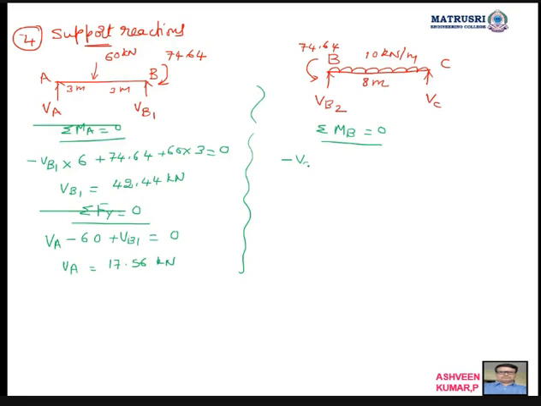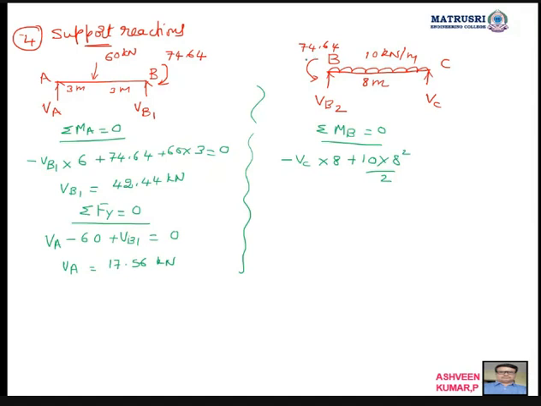Then VC into 8, anti-clockwise. Then 10 into 8 into 8 by 2 is clockwise, so plus 10 into 8 square by 2.